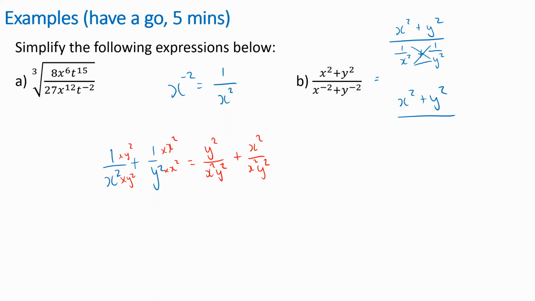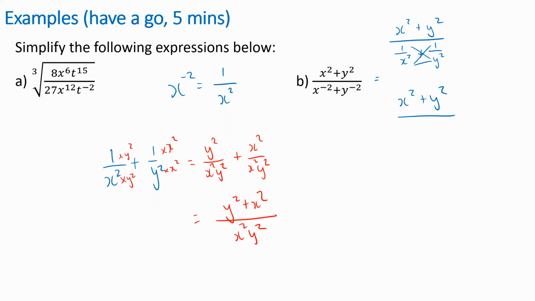Now I can add fractions. Denominators are the same. How many of these x squared y squared fractions do I have? I've got y squared plus x squared. So if I combine those two together, this now gives me y squared plus x squared all over x squared y squared, which is what I was writing underneath here.